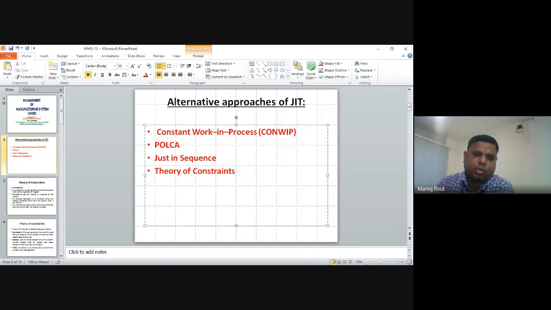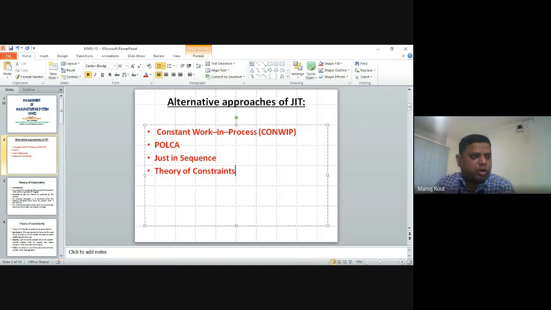The next is POLCA. As you know, POLCA is paired-cell overlapping loops of cards with authorization: P stands for paired cell, O for overlapping, L for loops of cards, and A for authorization. The most important thing is that it is an alternative to the just-in-time concept.